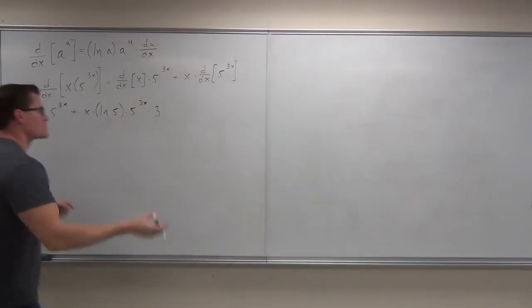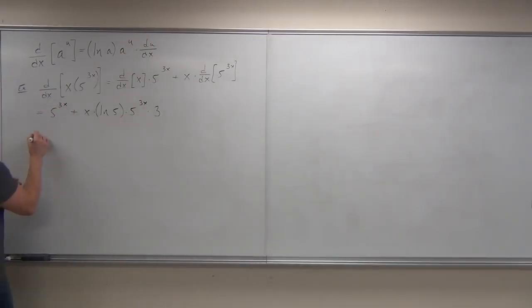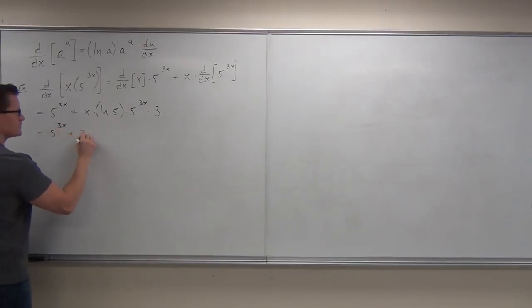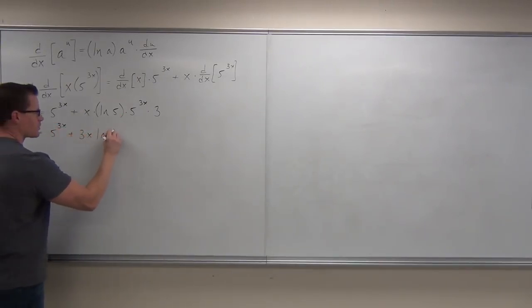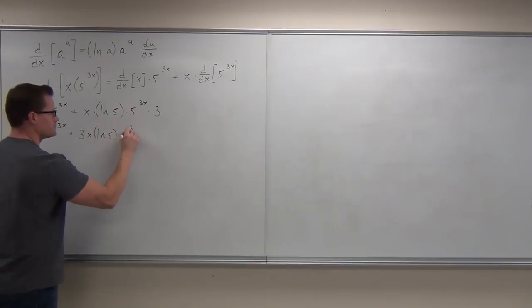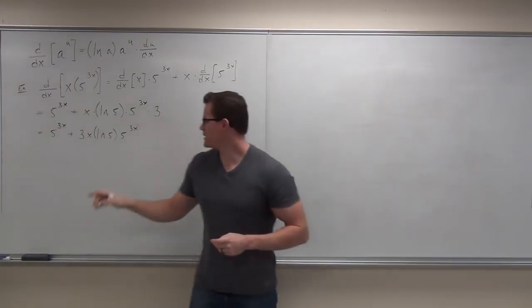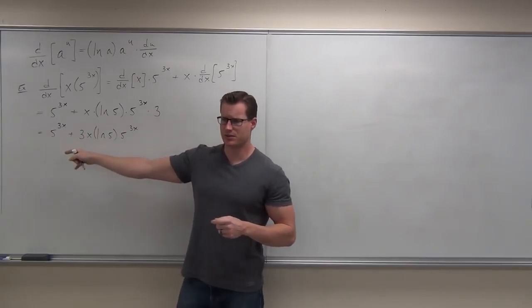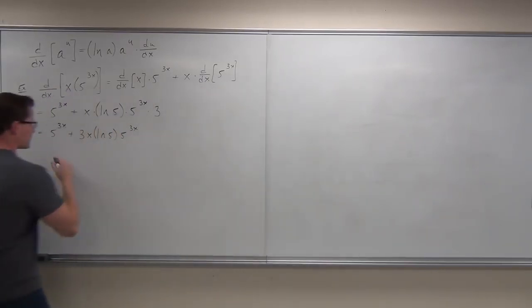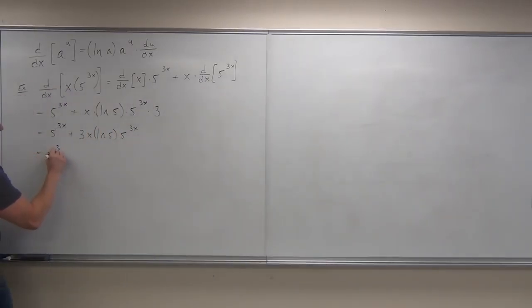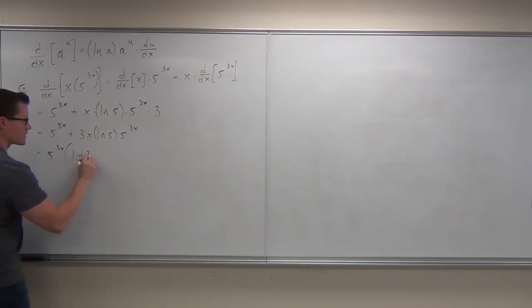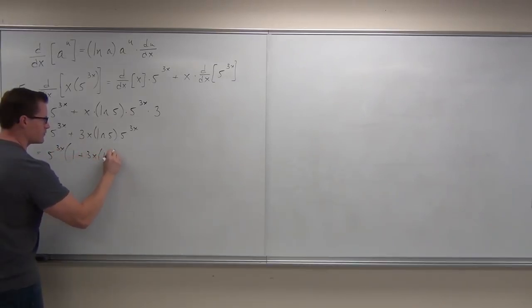Now what happens a lot of times, just like before with our e to the x, because these exponentials give you back what you start with all the time, you can almost always factor things out with product rules, stuff like this. So we can always factor out our exponential 5 to the 3x, times 1 plus 3x ln 5.